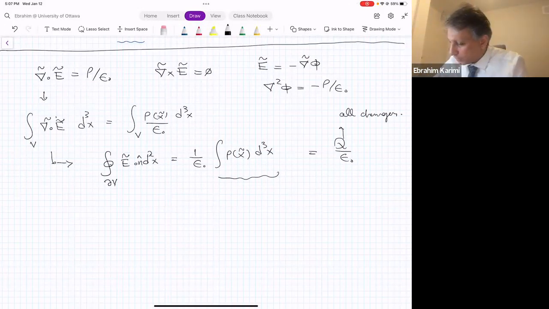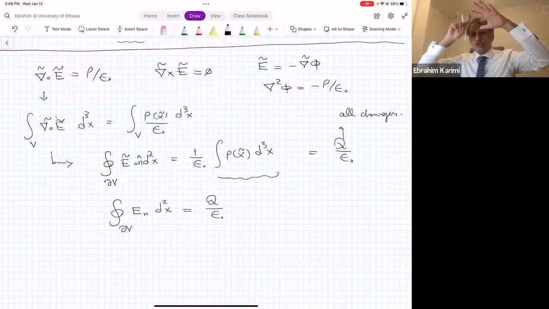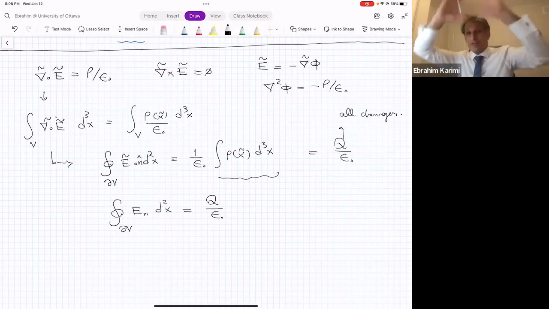And from this we get the expression that En d2x is equal to Q divided by epsilon naught on the surface. So it shows that the orthogonal component of the electric field on a surface, if you sum them all together, gives you the amount of charge inside of the surface.